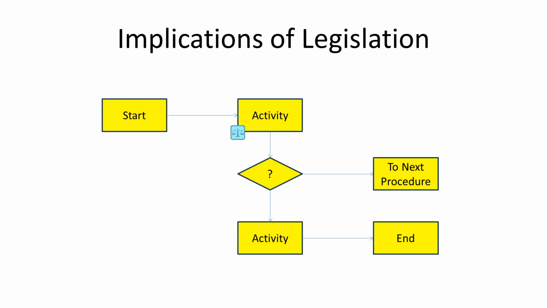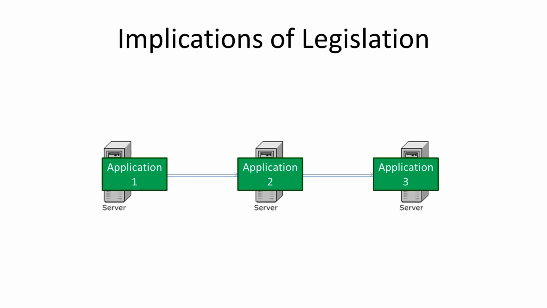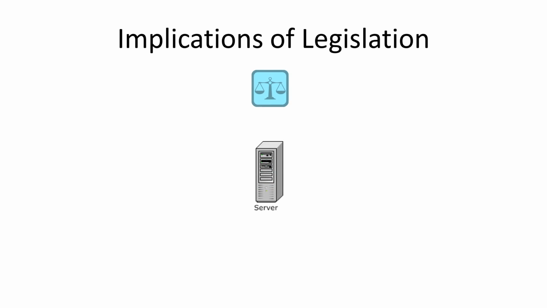All of these things add up to allow us to understand the implications of change within an enterprise. So for instance, if a specific procedure has a legislative requirement and that procedure uses a specific set of applications that run on a specific set of servers, it may well be that one of those servers is subject to legislation.